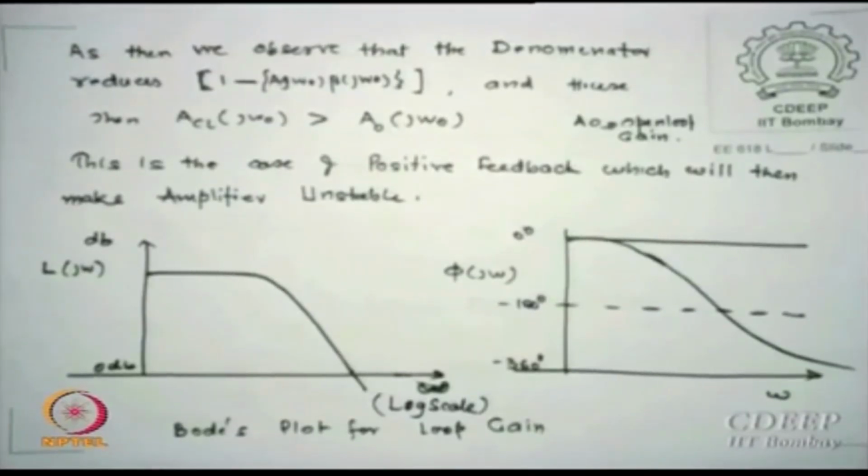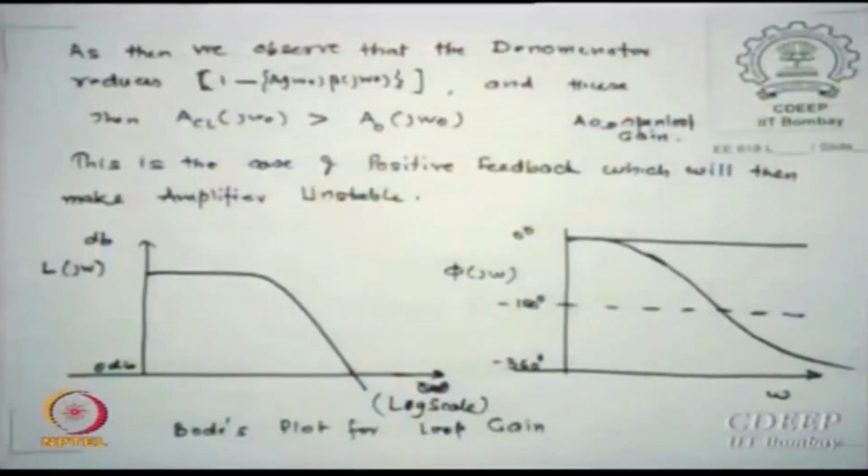Normally closed loop gain should be less than open loop gain, but if that happens at 180 degree, this quantity will push the closed loop gain higher, and we say instability has set in simply because positive feedback has started. So obviously, if I do not want positive feedback to occur, the maximum phase up to which I should go is 180 degree or preferably lower, so that positive feedback does not come in. That is the stability issue. Okay.